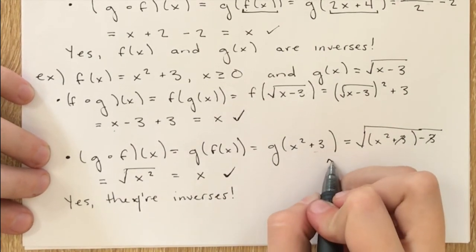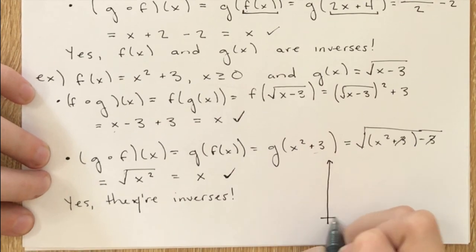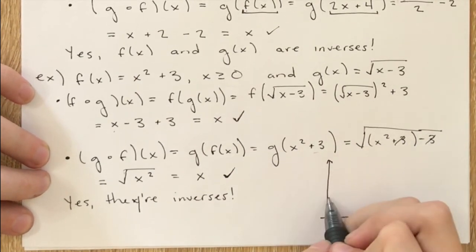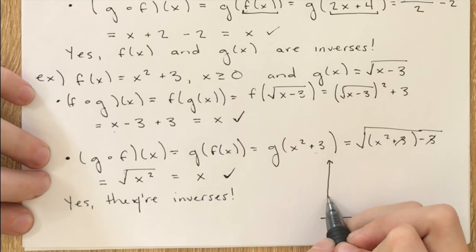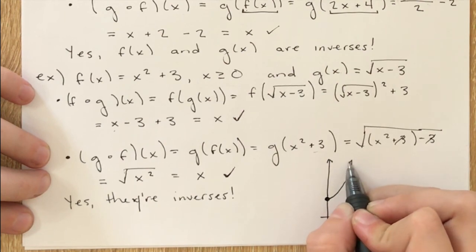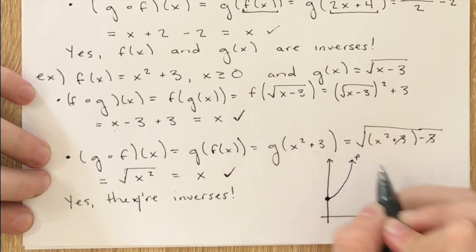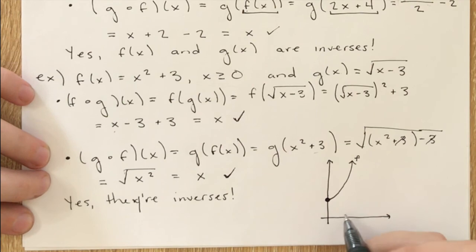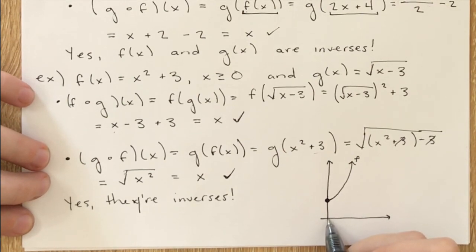Let's look at the graphs of these really quick again and just double check with our graphical definition of inverses. Remember, we have the right half of a parabola that's been shifted up 3, right? That's f. And underneath we have a square root function that's been shifted right 3.